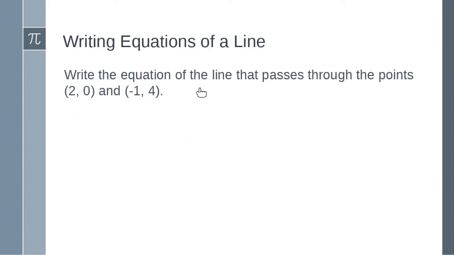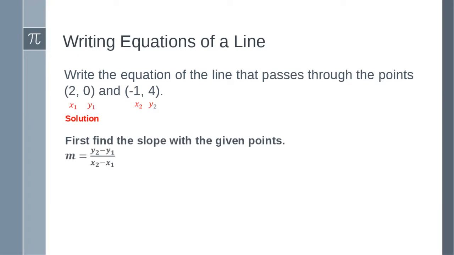Write the equation of a line that passes through the points (2, 0) and (-1, 4). Okay, so same question, right? We want to find the slope. So if we find the slope, we get y2 minus y1. y2 is 4, y1 is 0.